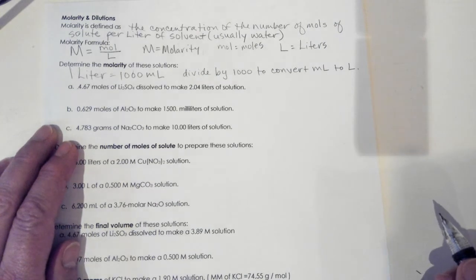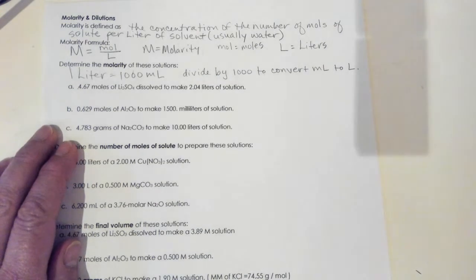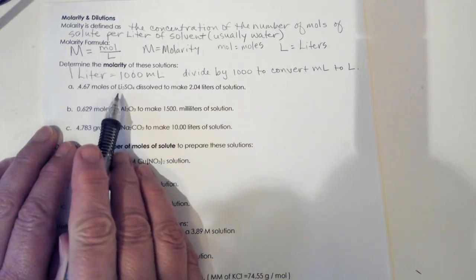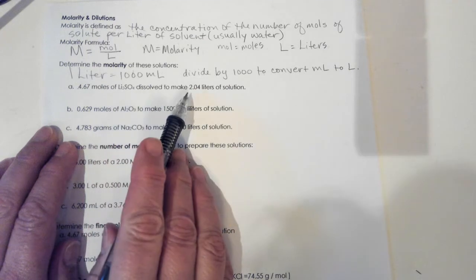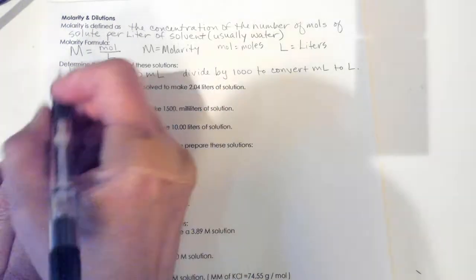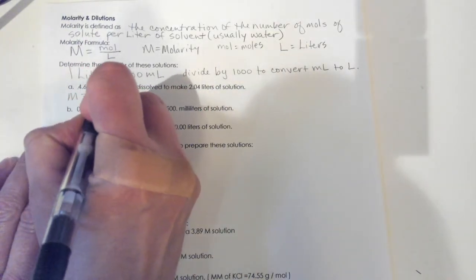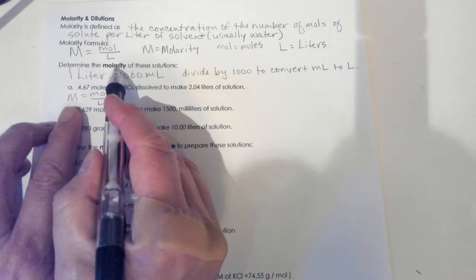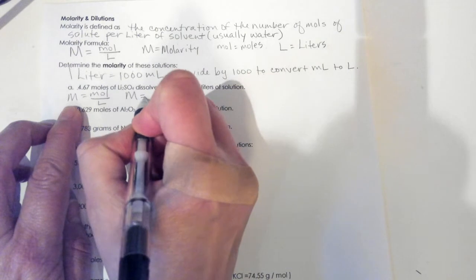Okay, so let's start out working a problem here. So we have 4.67 moles of lithium sulfate dissolved to make 2.04 liters of solution. So here's our formula. We are looking for the molarity. So molarity equals moles over liter.